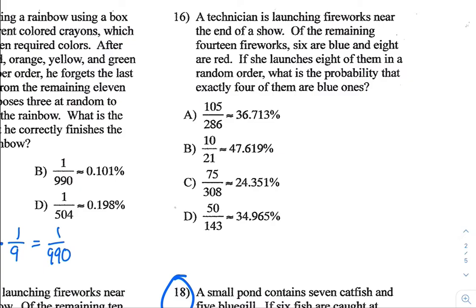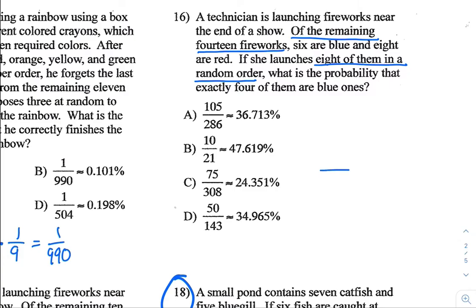Okay, so for this one we have to figure out the total number of choices. There are 14 fireworks total, and 8 of them are launched, or chosen at random.